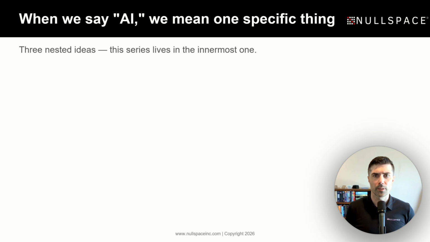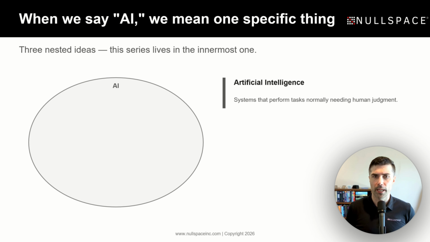First, let's deal with some ambiguity, because AI is one of the most overloaded words used in engineering right now. When people say AI, they might actually mean one of 3 nested but related topics. The broad outer ring is artificial intelligence, which is typically defined as a system that can do stuff that would normally require human judgment.